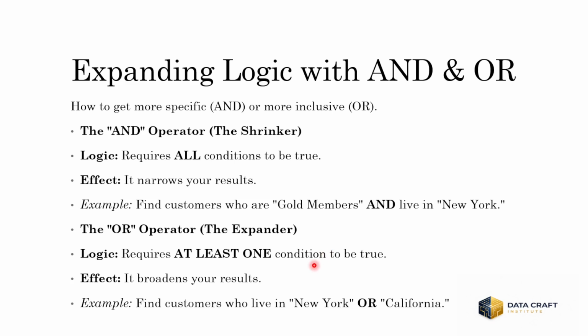And the OR operator, at least one condition should be true. That means either the condition on the left should be true, or the one on the right should be true, or both. AND will shrink the result set in comparison to OR, but OR will give a broader result set because it will take any one of the conditions to be true, while AND needs both conditions to be true.